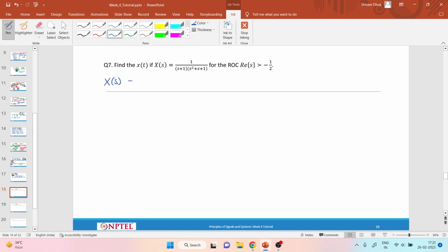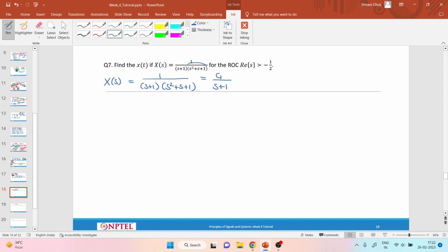So this X of s is equal to 1 upon s plus 1, or let's say c1 upon s plus 1. Okay, let me write it properly. So this is equal to 1 upon s plus 1 into s square plus s plus 1, and this I can write as c1 upon s plus 1.